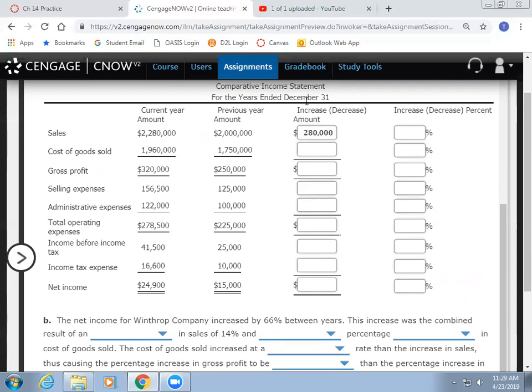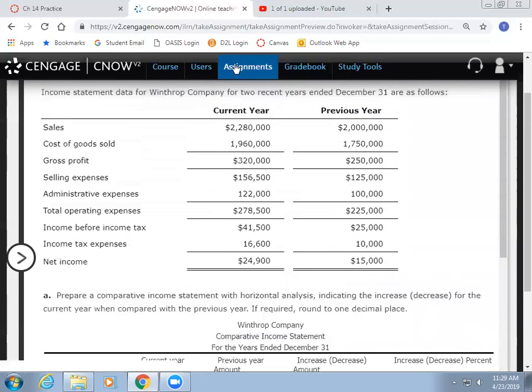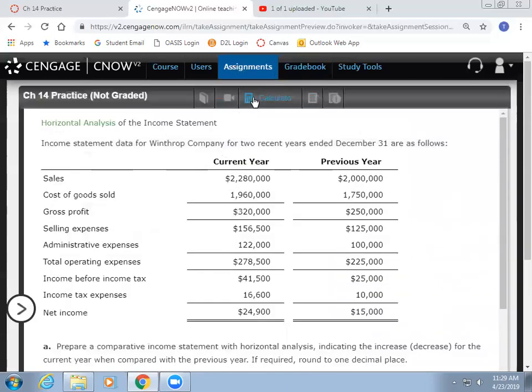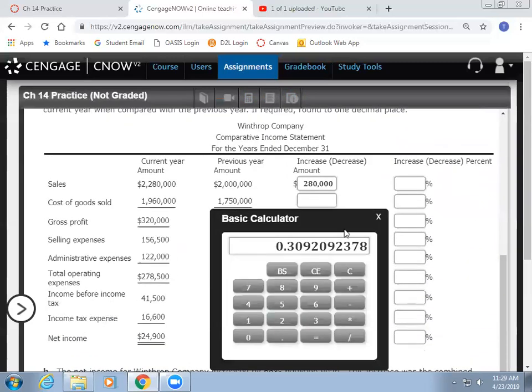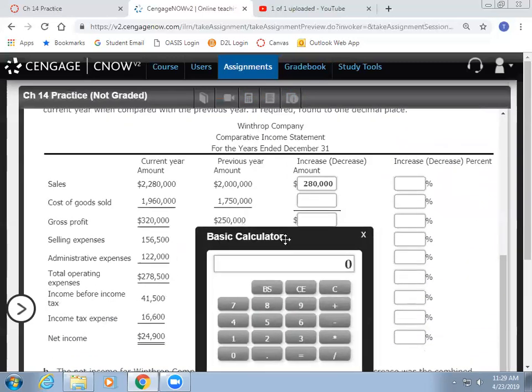Okay. Let me get my calculator up. So for sales, I'm going to take 280,000 divided by 2 million. Once you calculate the amount of change, always divide that by what we call the base year, the first year, to get the percent of change.